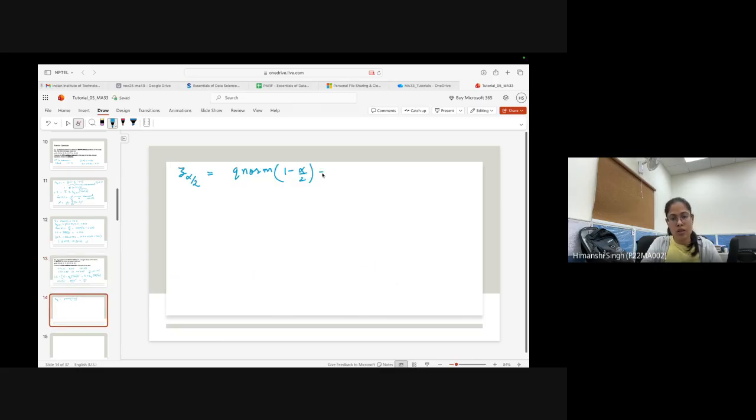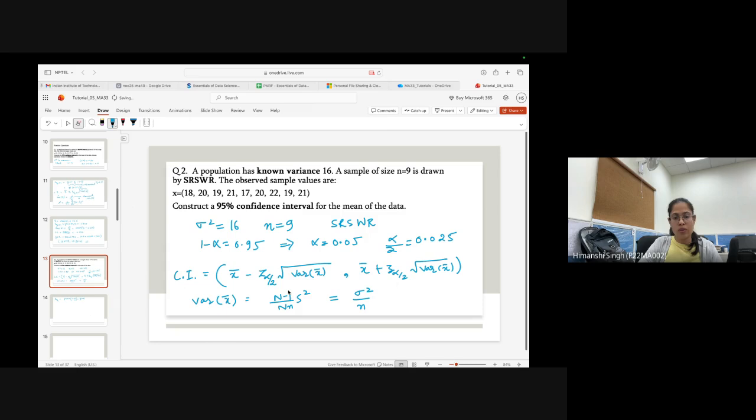So it is qnorm 0.975. Fine. So now I know this z alpha by 2. Now the variance of x bar is sigma square by n. So what is sigma square? The sigma square is 16. So it is 16 by n, n is 9. Okay, so I know the variance of x bar, that is 16 by 9.